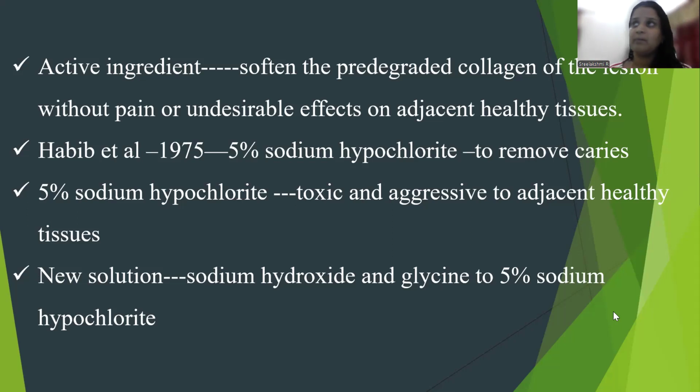Earlier, Habib et al., in 1975, used sodium hypochlorite to remove the caries. The concentration he used was 5% sodium hypochlorite, which was found to be toxic and aggressive to the adjacent healthy tissues. So a new solution was then prepared using sodium hydroxide and glycine, added to this 5% sodium hypochlorite.